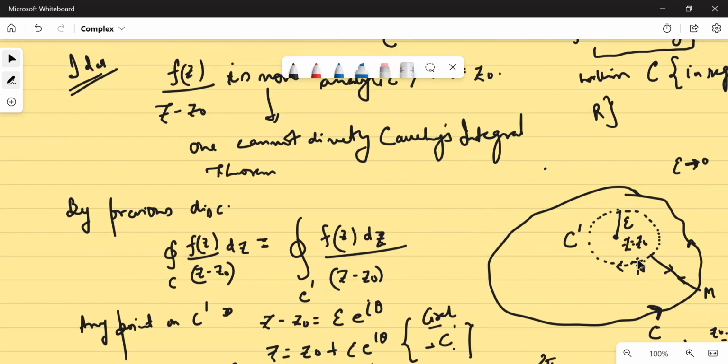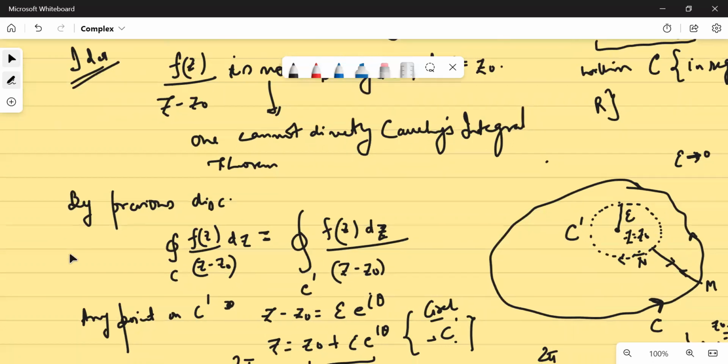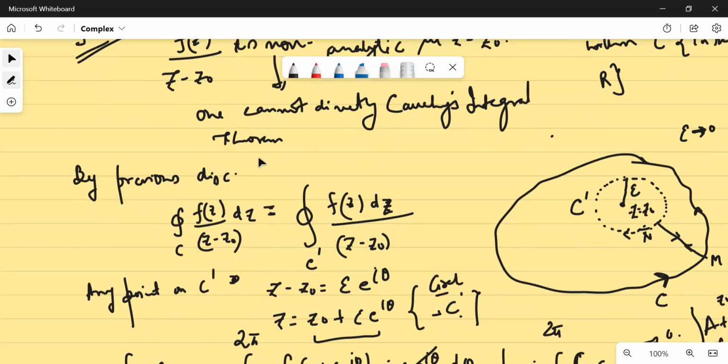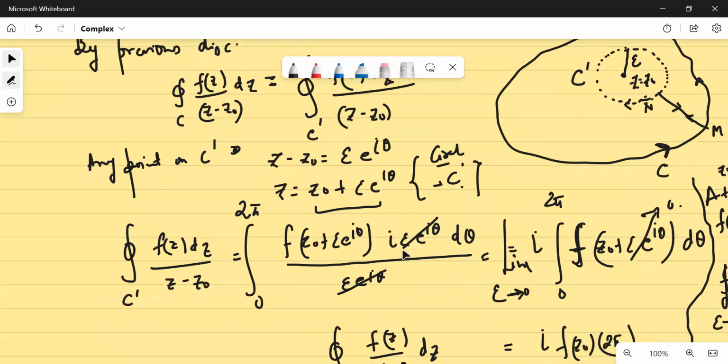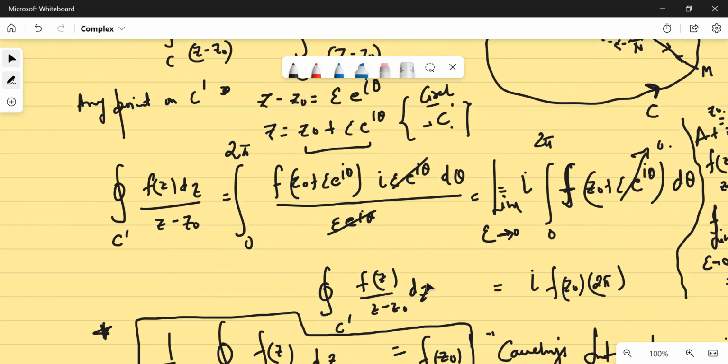So I have just made a circle here of a radius as small as possible, and in the region which does not include the singularity, f(z) upon z minus z naught is analytic. Since it is analytic throughout, I can use Cauchy's integral theorem. So I can write that over this c dash it would be equal to this. And eventually I found out that this entire thing is equal to iota f(z naught) into 2 pi.